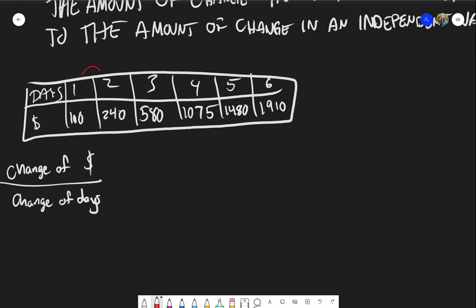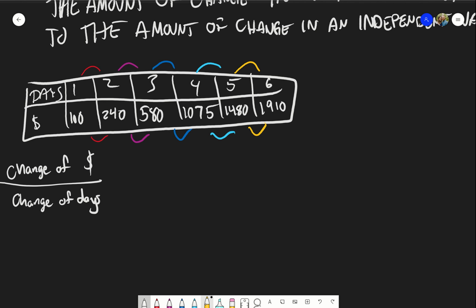So I have a pairing here between 1 and 2. I have one between 2 and 3, 3 and 4, 4 and 5, and 5 and 6. And I want to know, all right, what's my ratios here?